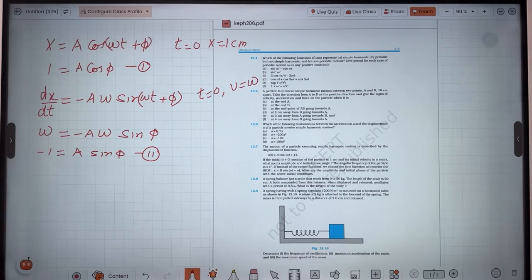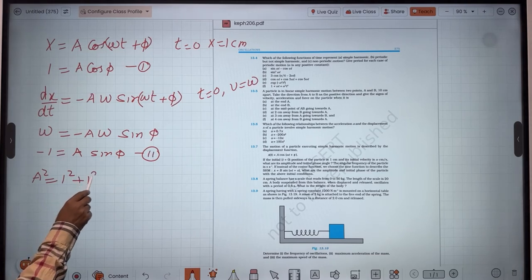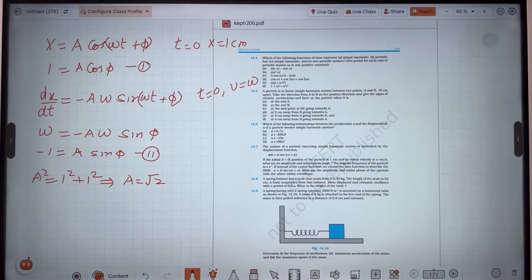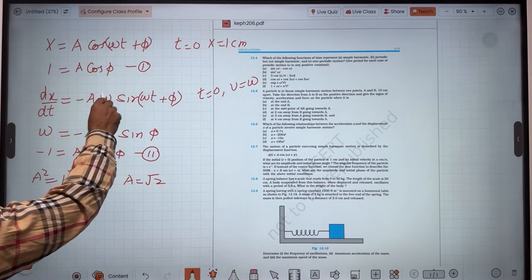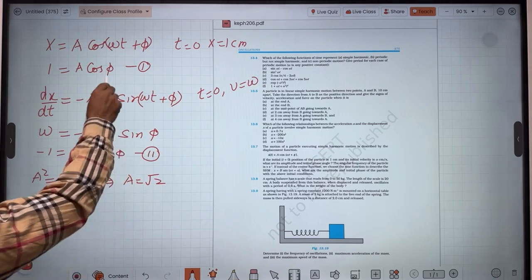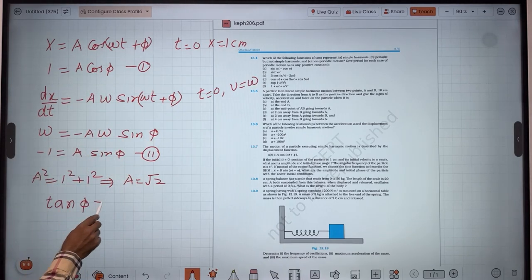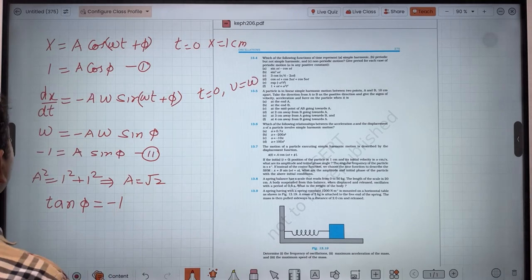If we square the two equations and add, then what do we get? We get a square equal to 1 square plus 1 square which gives a equal to root 2. Now we have to find out the value of phi. So here we divide equation 2 by equation 1. So we get tan phi is equal to minus 1.